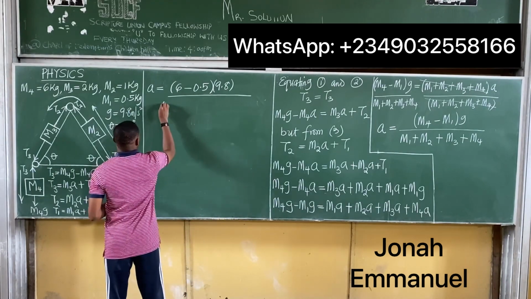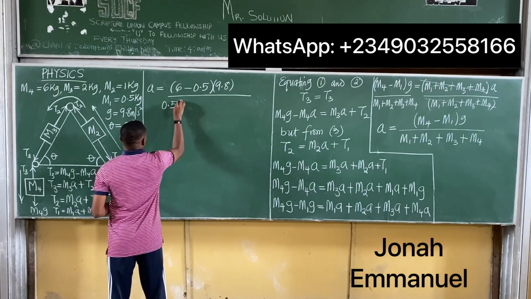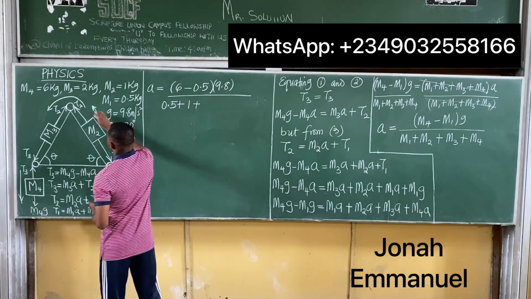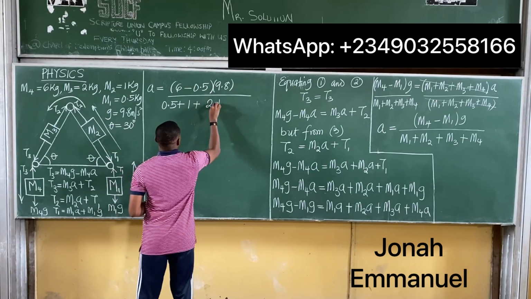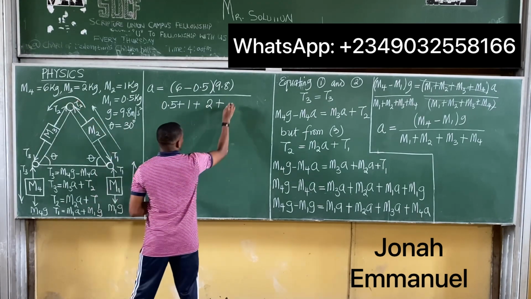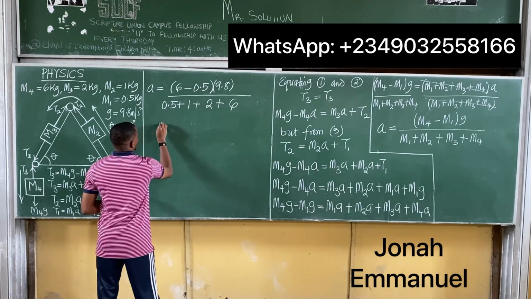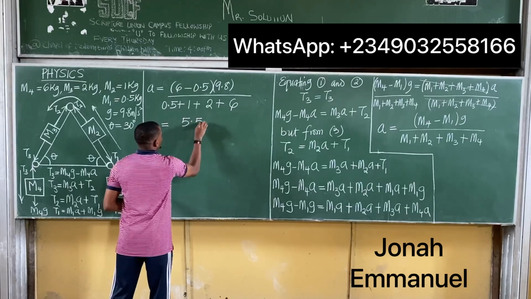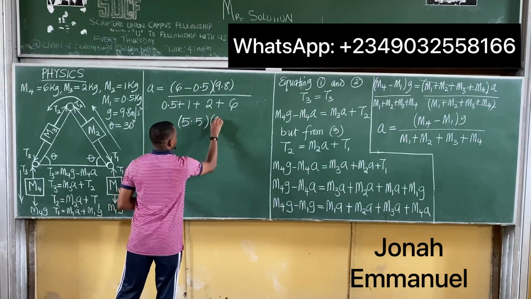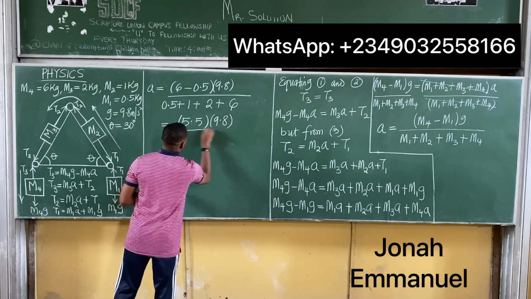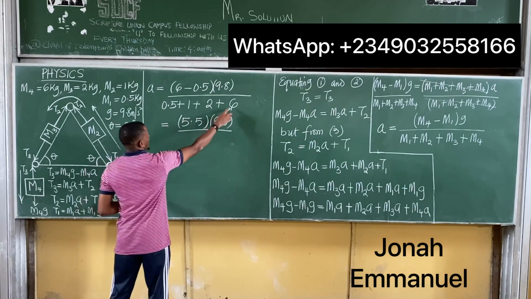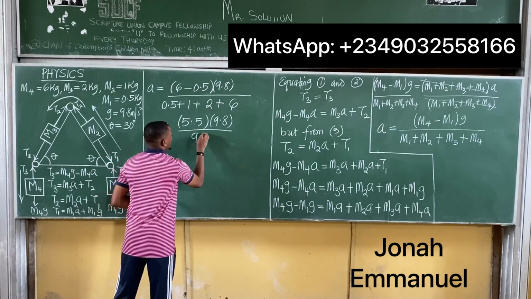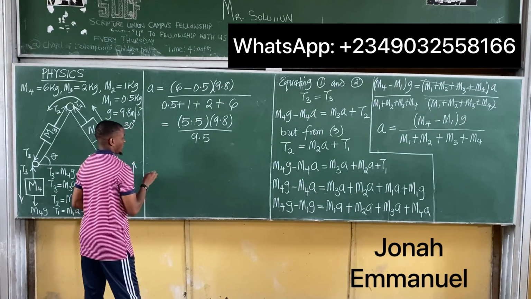M1 is 0.5, so 0.5 plus M2, 1, plus M3, 2, plus M4, 6. Work on this math. This is equal to 5.5 multiplying 9.8, that's gravity, all over the sum of this, which gives you 9.5 as a value.